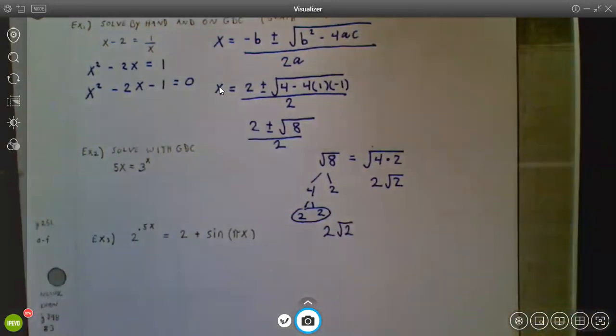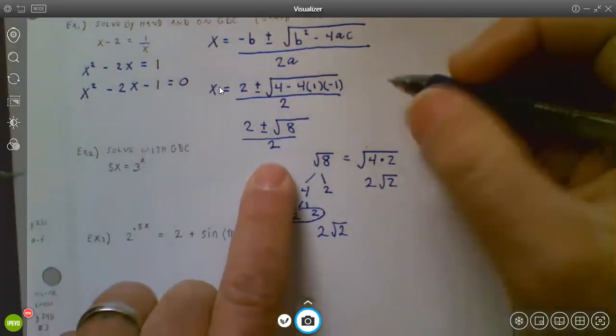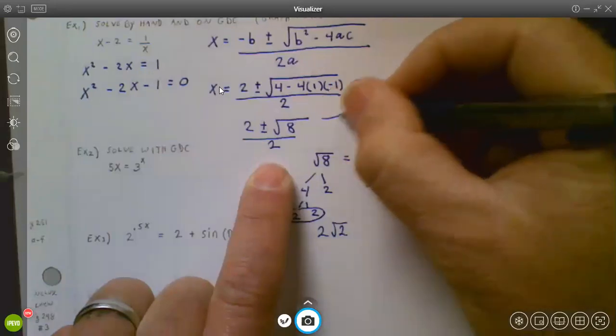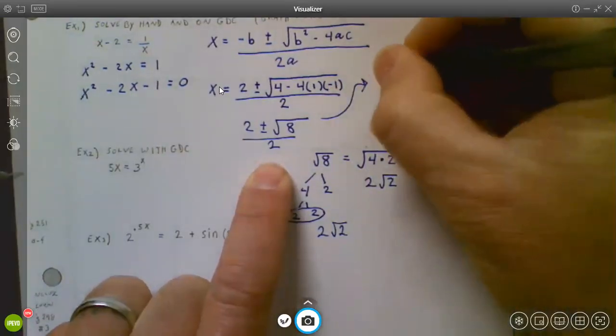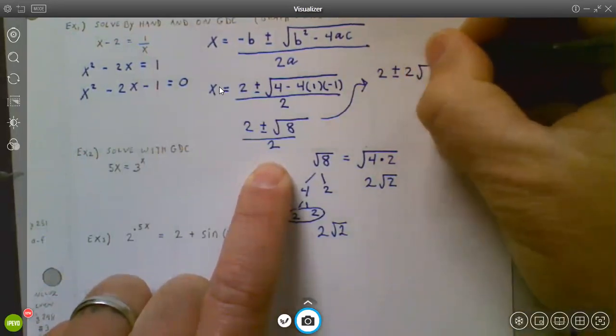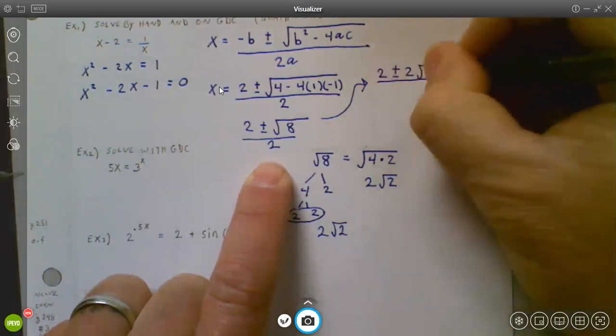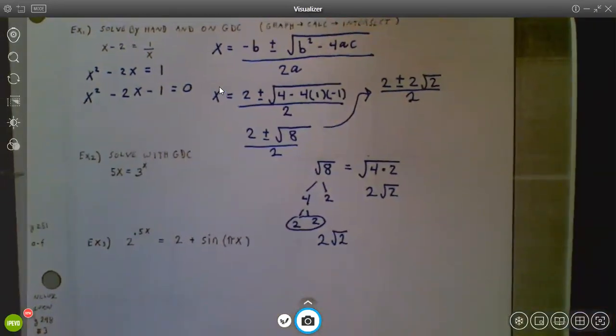And so you would have learned one or both of those methods at some point for simplifying radicals, but that's an important skill. So let me rewrite this guy now with my simplified radical. So we simplified the square root of 8 to become 2 root 2.